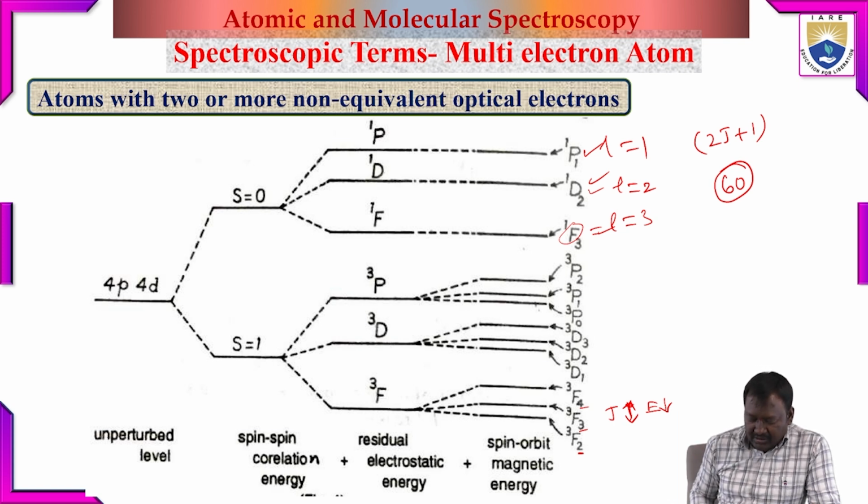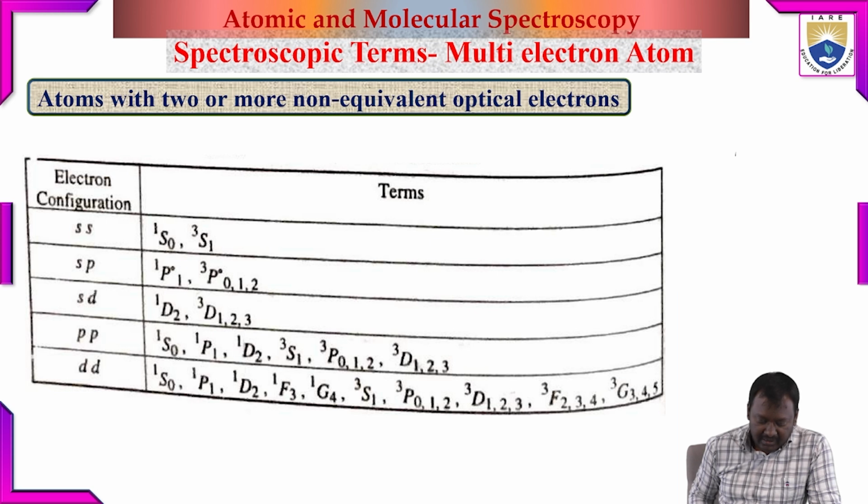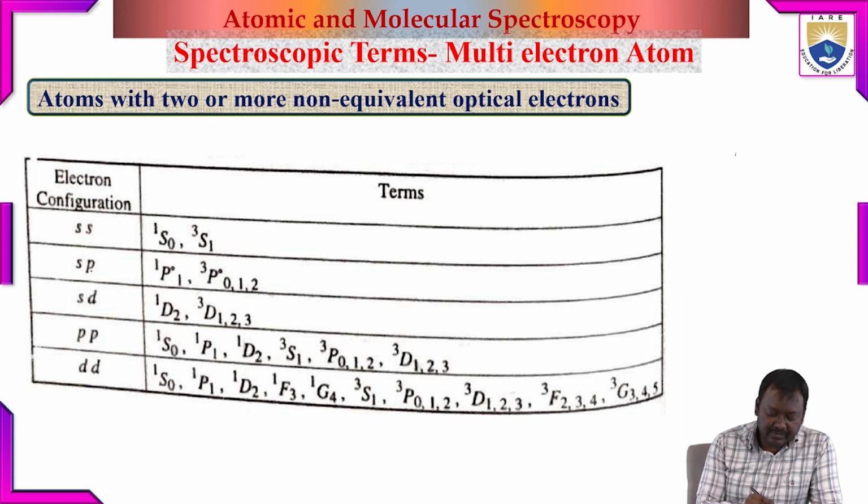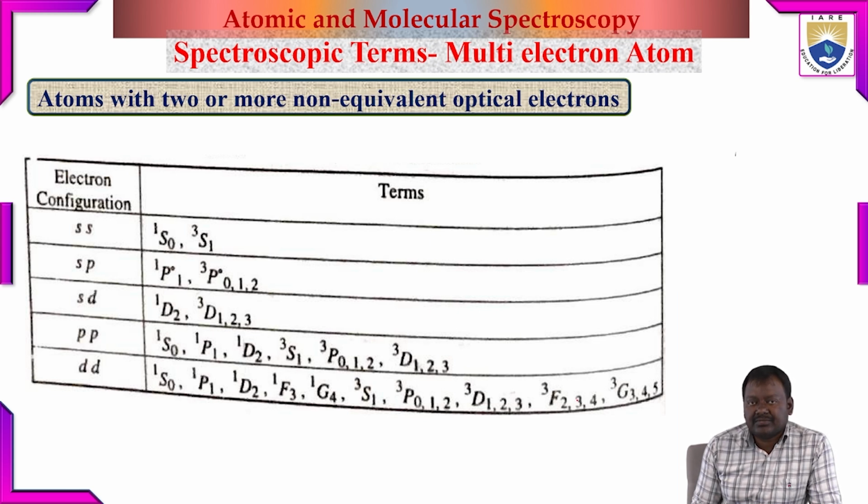Those splittings will be discussed in later lectures. Here we can see spectral terms for two-electron atoms: SS, SP, SD, PP, DD, for practice.